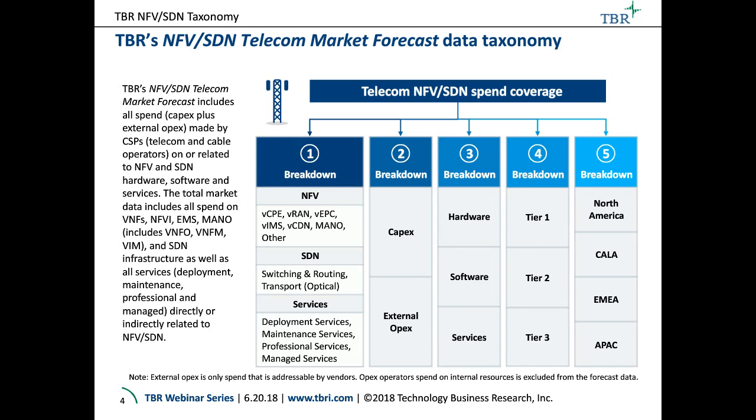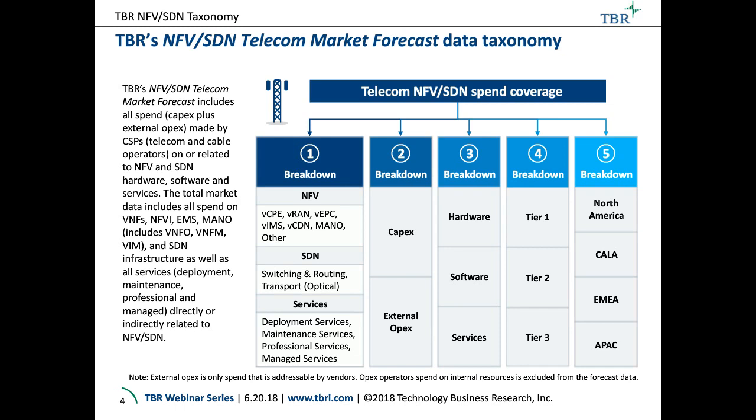We also show breakouts by hardware, software, services, and then by tier of operator. We have three tiers of operators we do a breakdown on, and then the four major regions. So we're going to be showing some data from some of these configurations. And just before we jump in here, if anybody has questions, just keep them in the chat function, and we will address all of them in order at the end of the presentation.